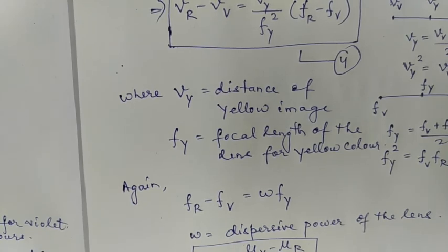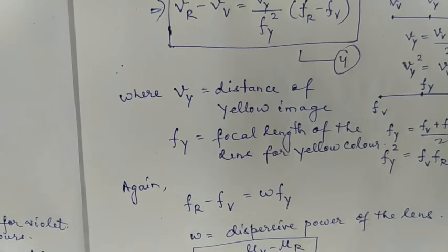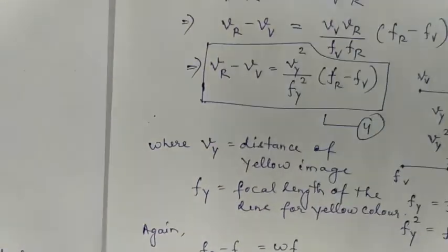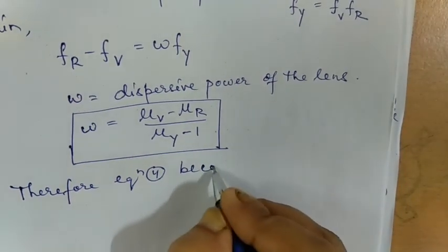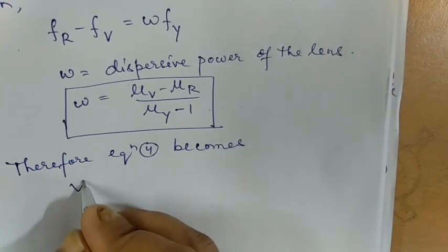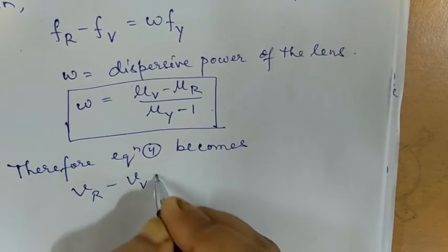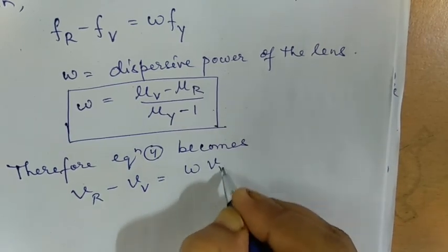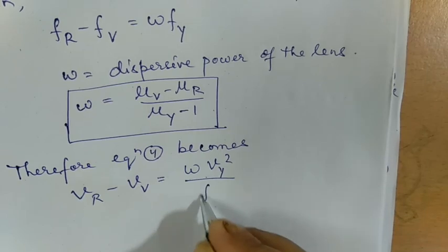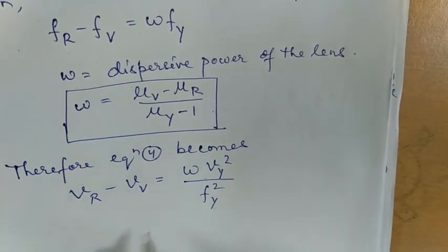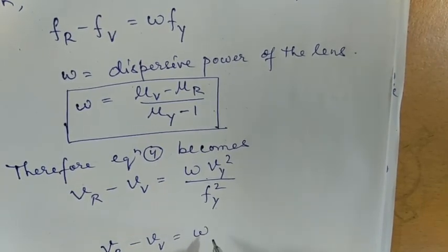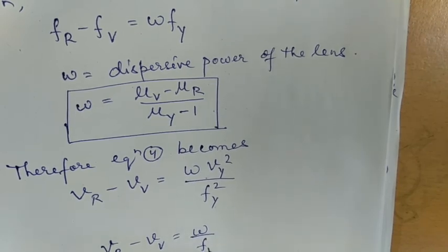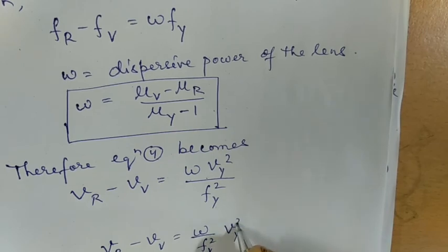So, equation 4 becomes Vr minus Vv is equals to omega Vy square divided by Fy square, or Vr minus Vv is equals to omega by Fy square into Vy square.